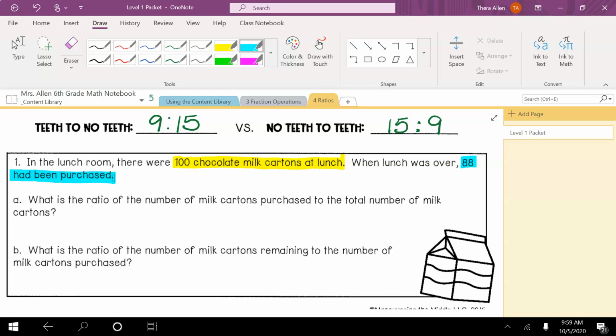Now remember, we used this color to represent the purchased milk cartons, to the total number, and we used this to represent the total number. So this shows me that I need the number of milk cartons purchased, which if I look back in my original problem is 88, to the number of milk cartons total, which is right here.